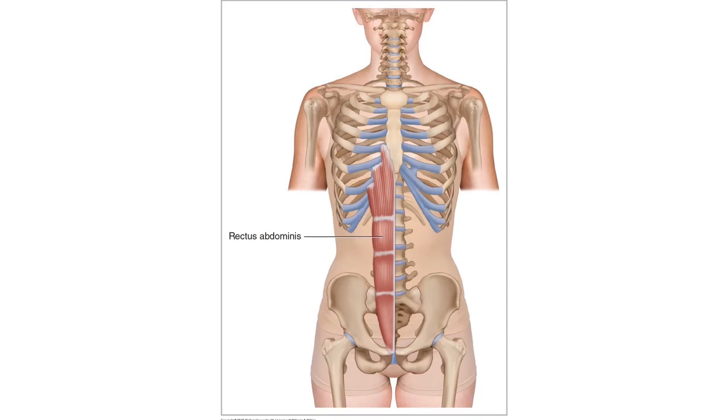This muscle is a strange muscle, and it extends from the xiphoid process and the costal cartilages of 5, 6, and 7, and the fibers are parallel and they go down, but there are intersections of tendons between different parts.